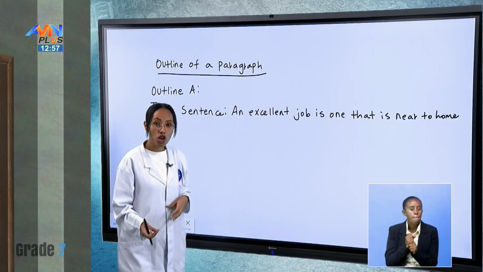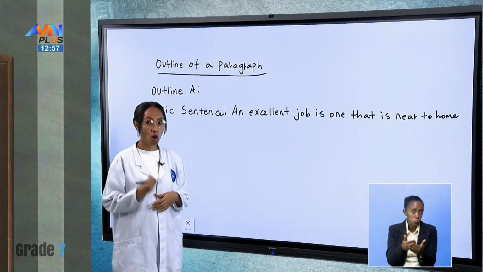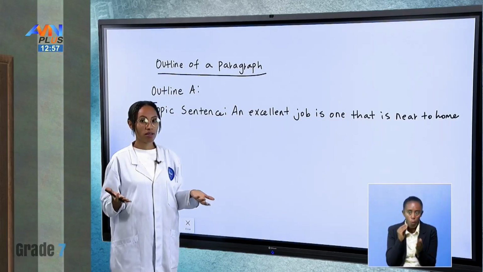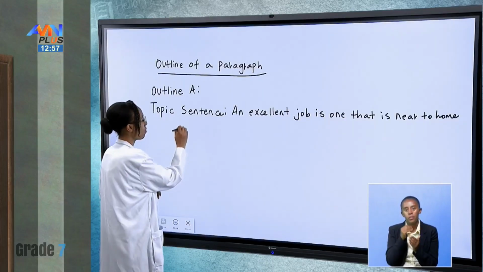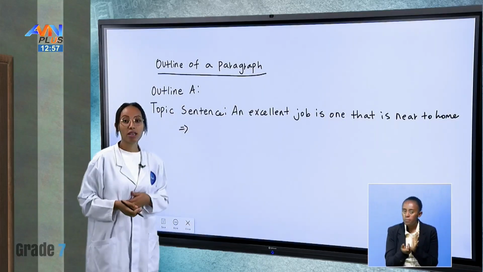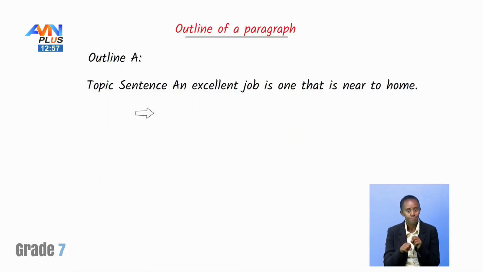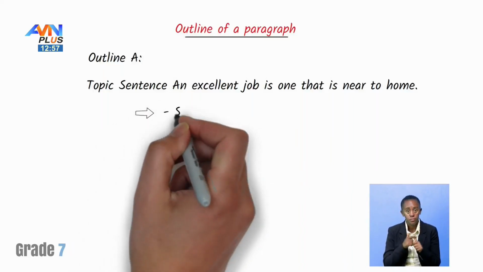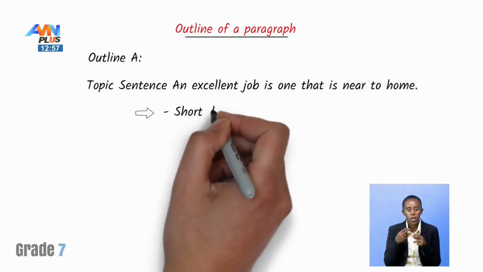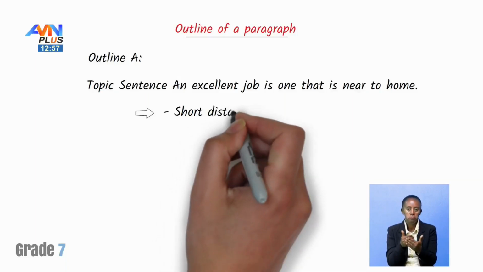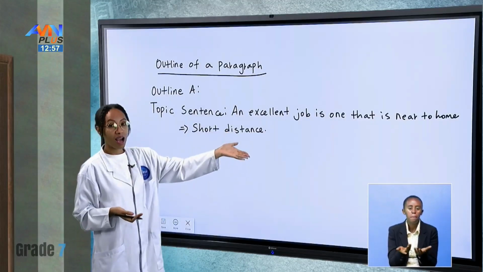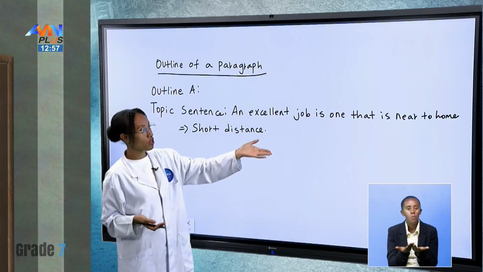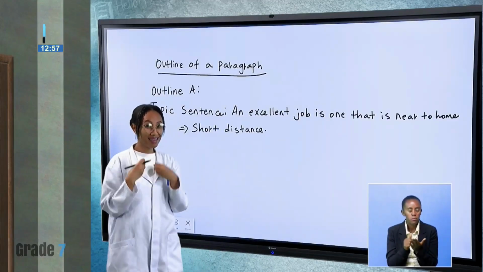So if your job is near your home, then it is what? You can have an outline of, for example, talking about, under the first idea, short distance. That is how we talk when we're talking about something that is near our home.